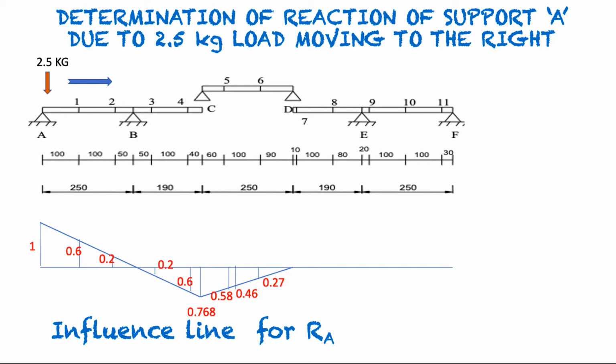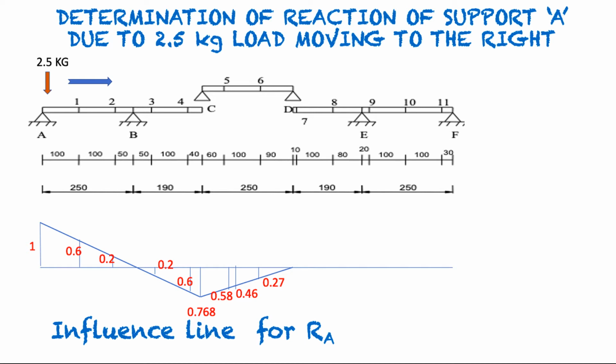The first test is using a single load, and the second test is using a compound load. So the most important thing is that, for example, if you want to find the reaction at RA, we need to find the ordinate for the respective load position as shown in the figure.